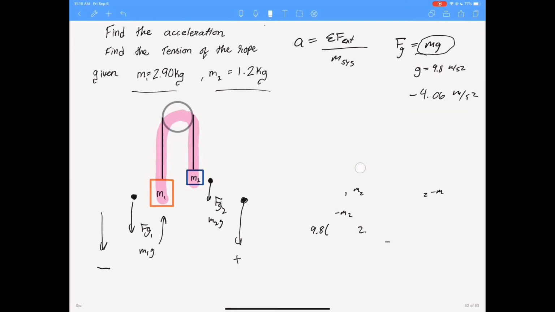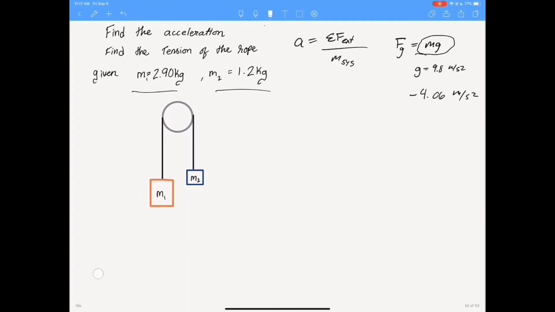In order to find the tension, we're just going to relabel our system. So let me get rid of this. Just keep track: this is our acceleration. We know both objects were accelerating at negative 4.06 meters per second squared.